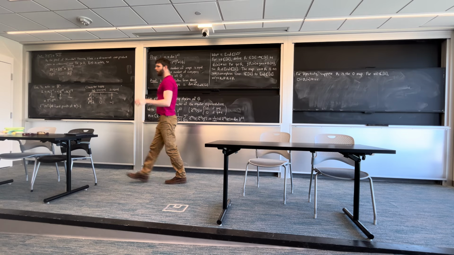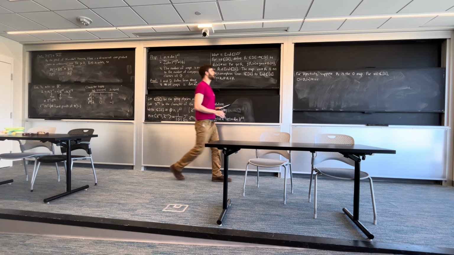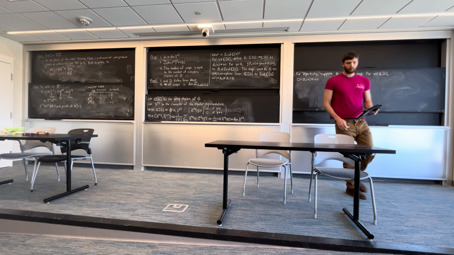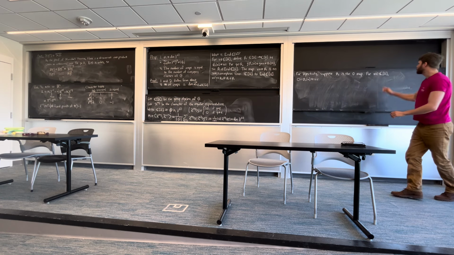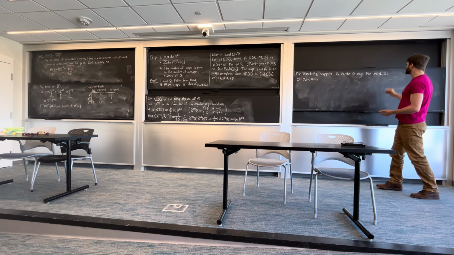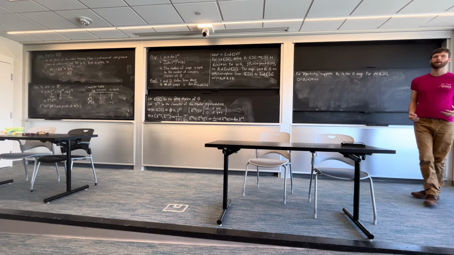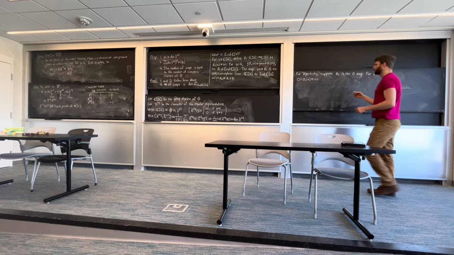But since this is true for any w, let's take just the identity element of the group, right? So take the identity element of G, which is also viewed as an element of the group algebra, and then apply this.